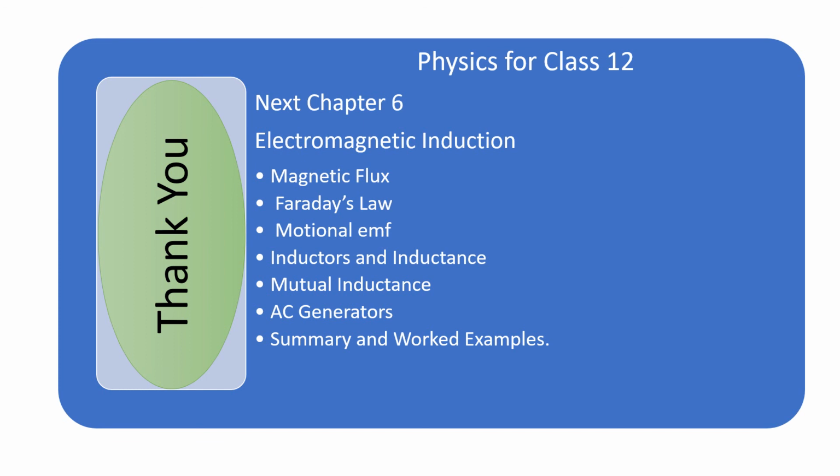We have taken up very simple numerical examples wherein we have to remember the formula and simply substitute the given parameters to find the unknown parameters. Please remember all the formulae used in the section.